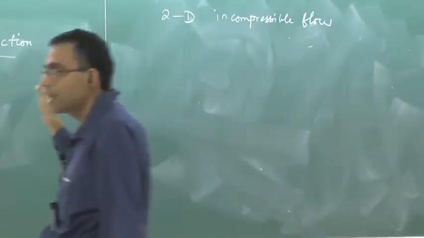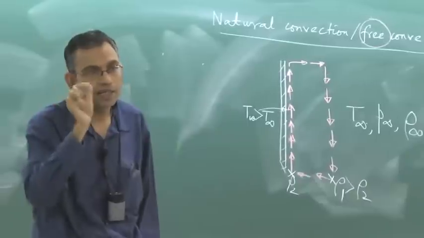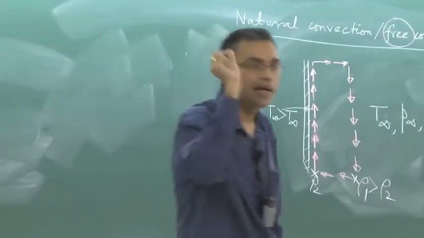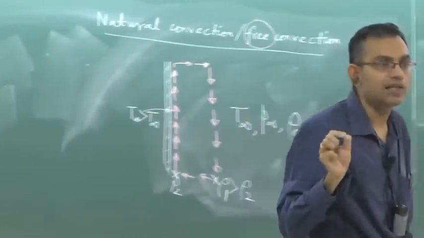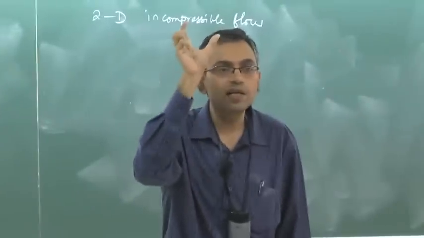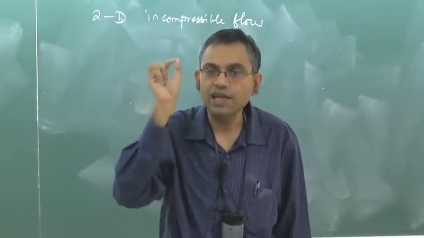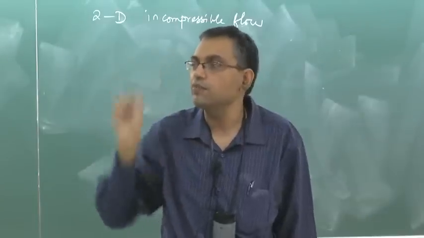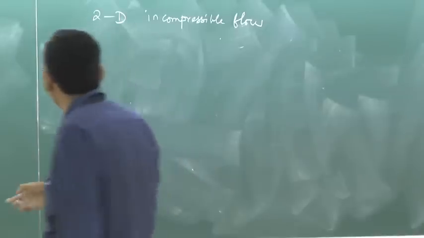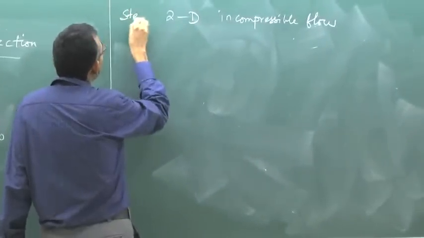So this is an example where we are talking about that. Incompressible flow does not necessarily mean that density has to be constant. Incompressible flow means that the volumetric strain rate is 0. So constant density flow is a special case of incompressible flow. So we are assuming steady 2-dimensional incompressible flow.